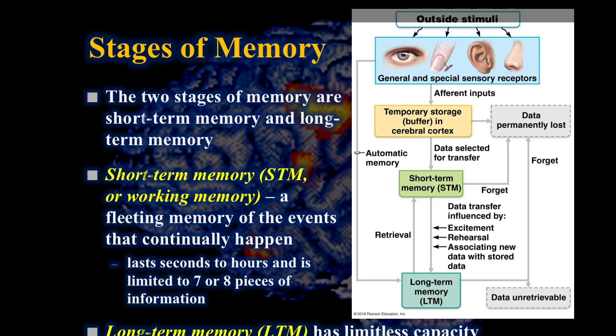You may get rid of it and the data is lost permanently. You don't ever remember that. Or it can be sent to short-term memory. After short-term memory, it can either be sent to long-term memory and be kept for a long time, or forgotten and lost. Things in long-term memory aren't necessarily always going to stay there. You can also lose things out of short-term memory or out of long-term memory.